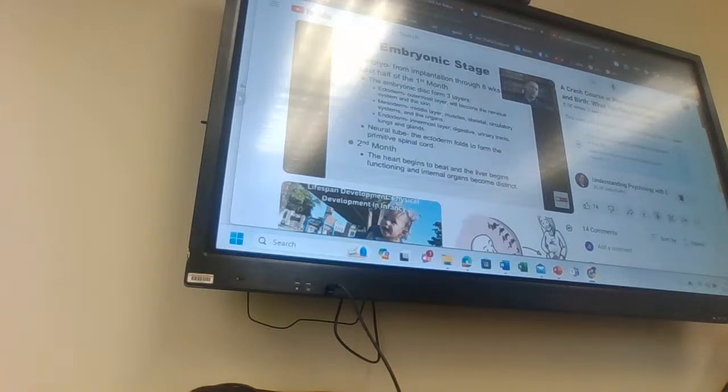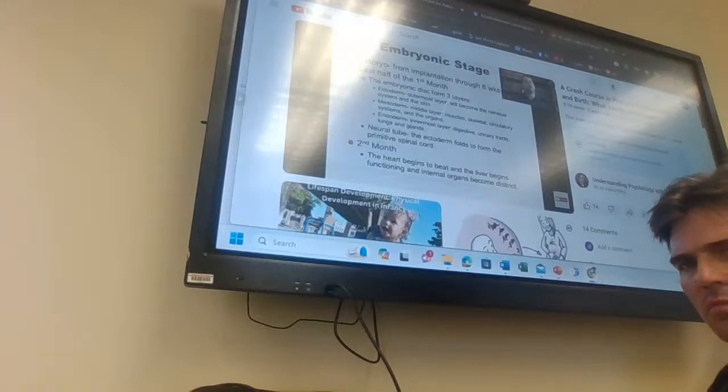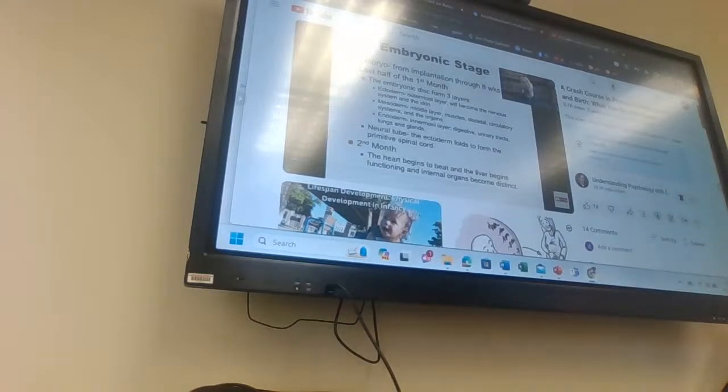So we have the zygotic stage, we have the embryonic stage. So the embryonic stage is from implantation, so roughly 2 weeks, all the way through up to 8 weeks. So that process, let's talk about it. We have the last half of the first month, we start to see that these cells are now developing the structure of an organism.